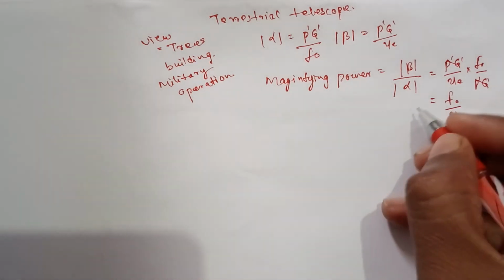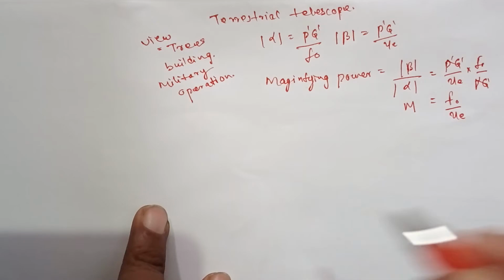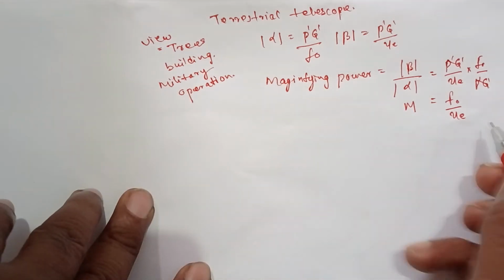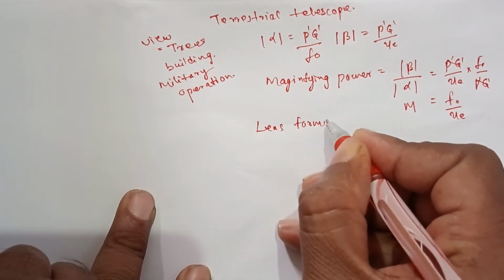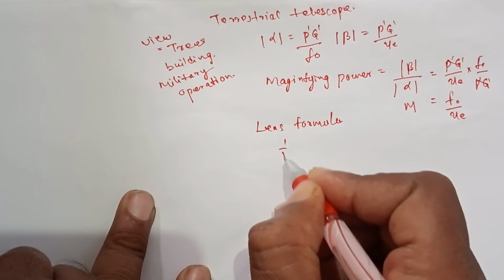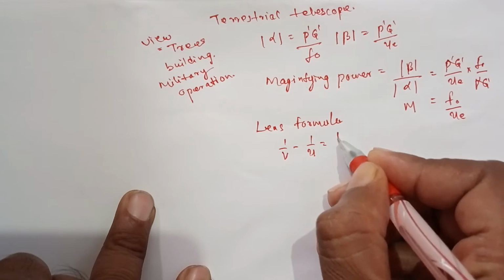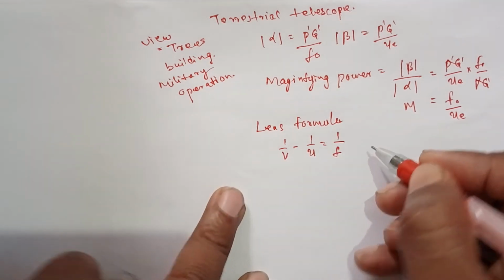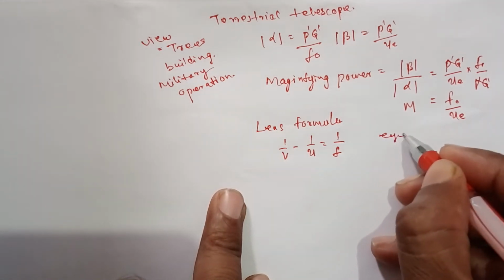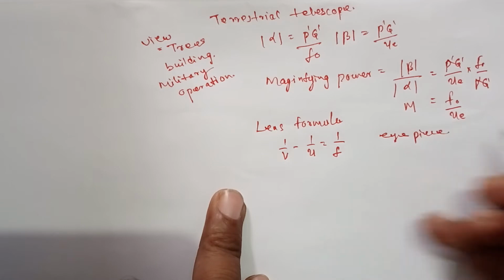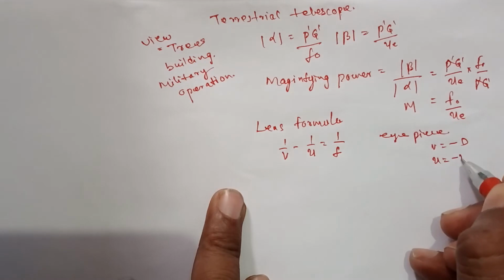Now we need ue. To get ue, we have to use the lens formula, that is 1 by v minus 1 by u is equal to 1 by f. For the eyepiece, v is equal to minus d and u is equal to minus ue.